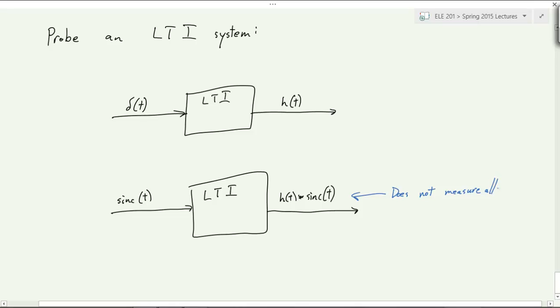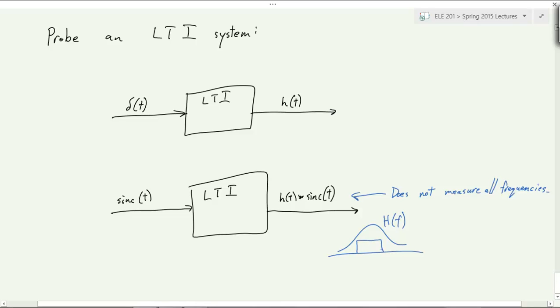If we think about it in the frequency domain, it'll make the most sense. In the frequency domain, we have h(f). Here's some h(f). We don't know h(f), but we put a sinc in, which is a rectangle in the frequency domain, and we get out their product.